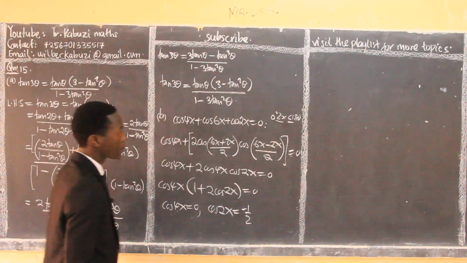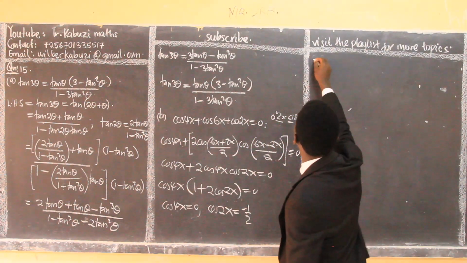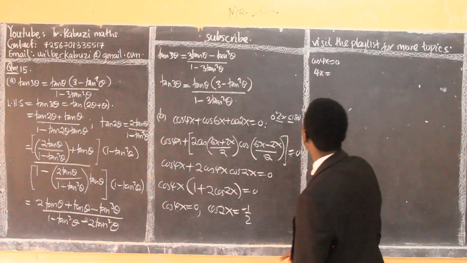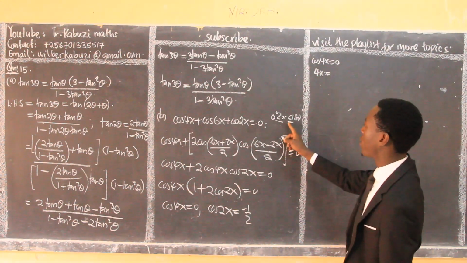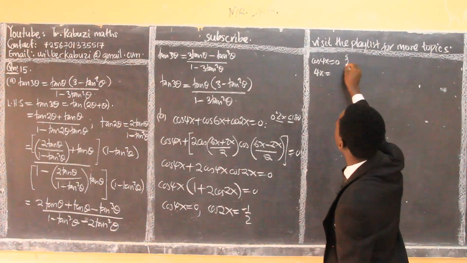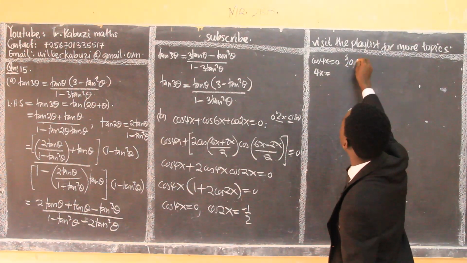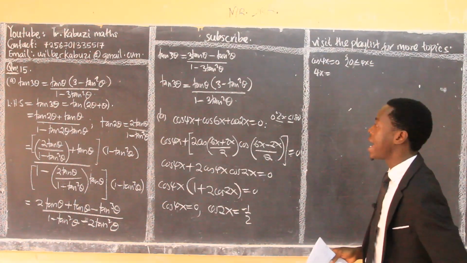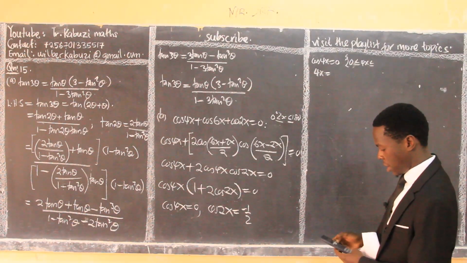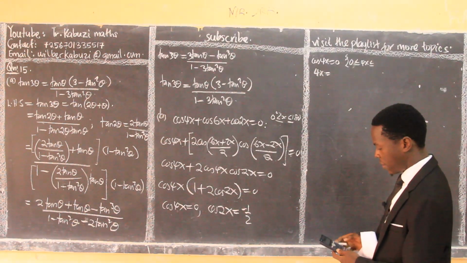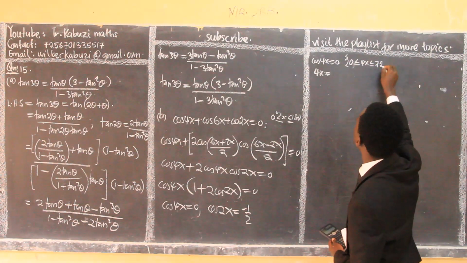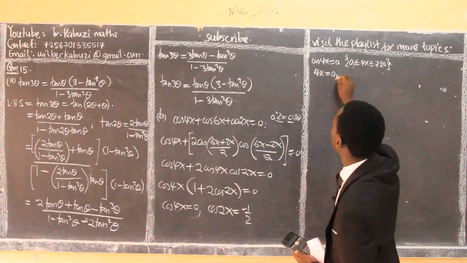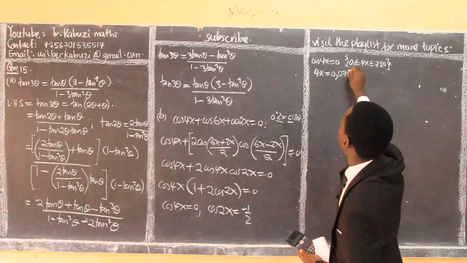I start with this one. If cos 4x is 0, I have to first correct the range. I'm going to work with 0 less or equal to 4x less or equal to 180 times 4, that is 720. So cos inverse of 0 gives 90 and also 270.